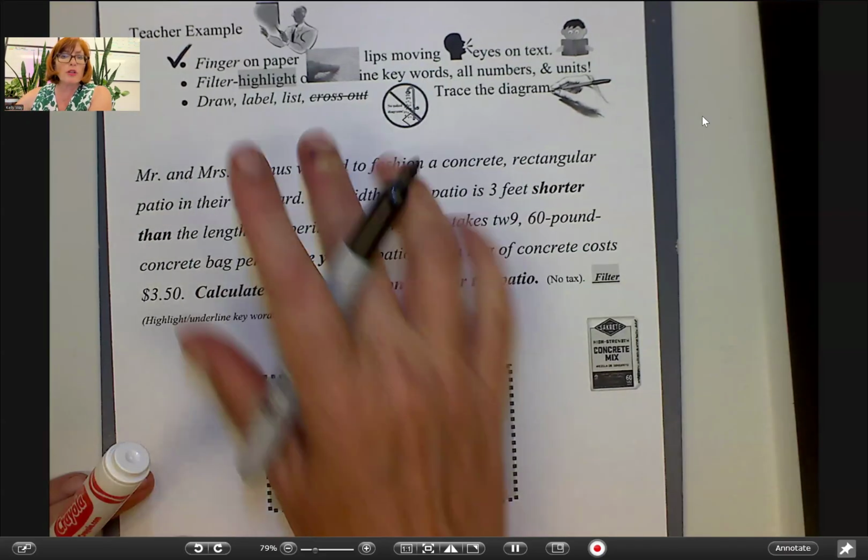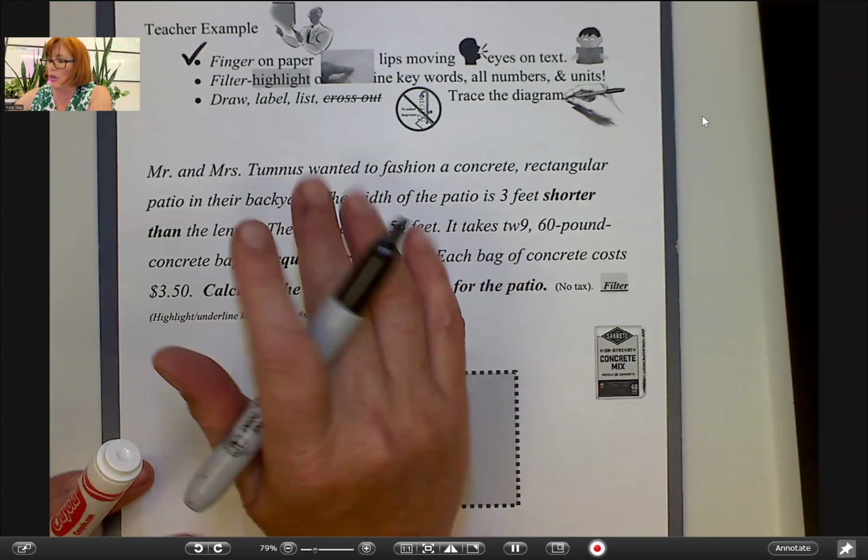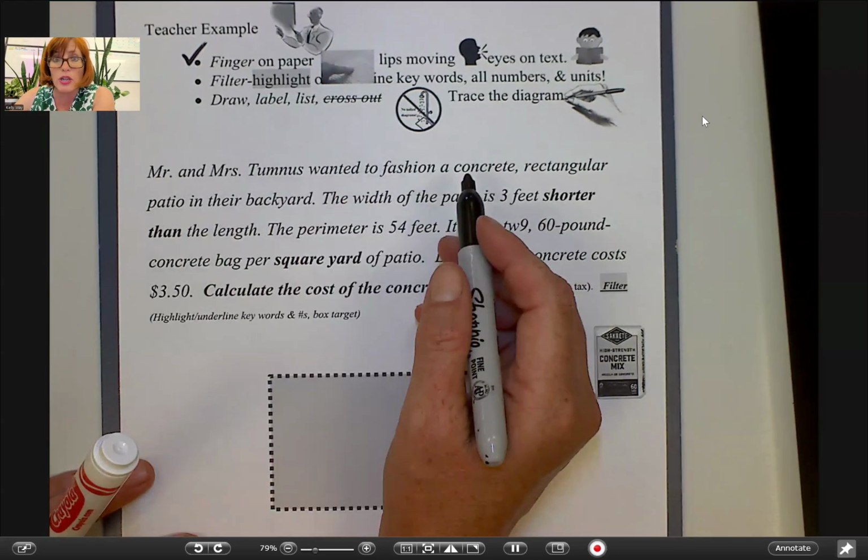Seems like a lot involved. Go back very carefully, and all you're doing is underlining keywords and paying attention to numbers.